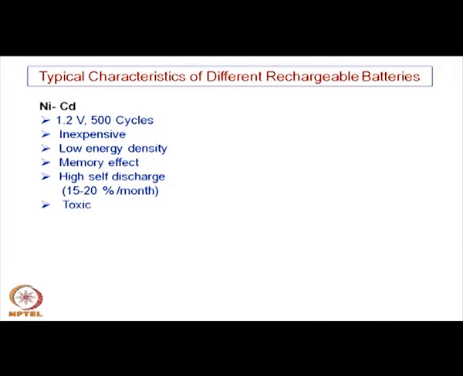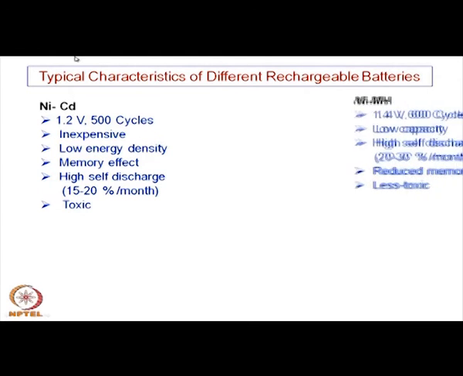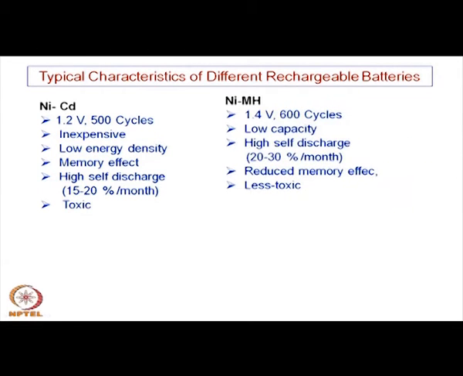And particularly for cadmium, it is a toxic material, and that is one of the disadvantages of this system. If you take the other system, that is nickel metal hydride, then the voltage is about 1.4. Of course, it varies in any system. Earlier it was shown 1.25, here it is shown about 1.4. That can happen from the way it has been prepared.